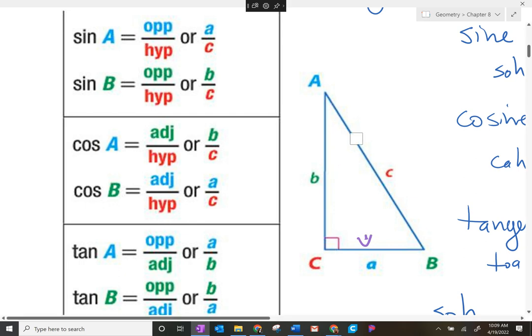If I was looking for the sine of B, B is right here. The opposite side of B would be this one over the hypotenuse. That's where these letters were coming from. I wanted to show you before I got to those first examples.